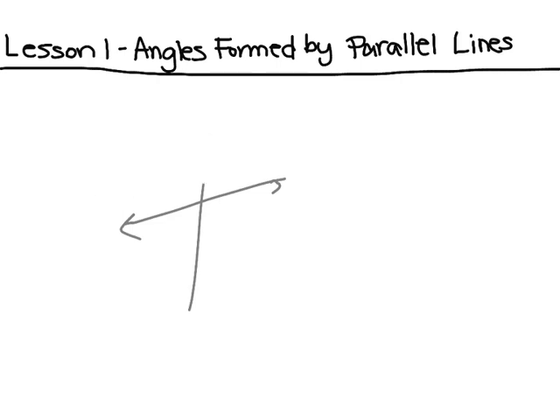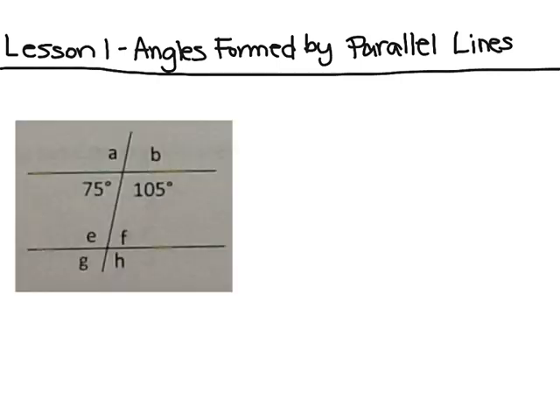There are certain things that happen from parallel lines cut by a transversal, and we use a two-column proof to justify those things. So, example 1, our definition is alternate interior angle. So we're going to use a two-column proof.